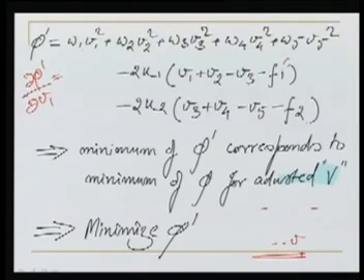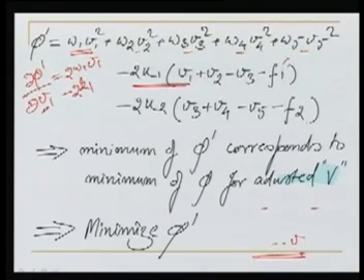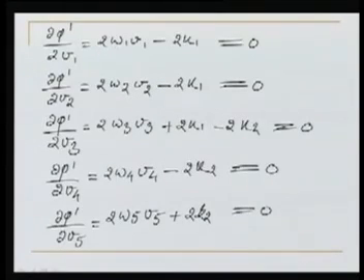How many terms of V1 are there? One term is 2 W1 V1, and one more term is minus 2k1 V1 from the constraint. So the first partial derivative against V1 is 2W1 V1 minus 2k1.